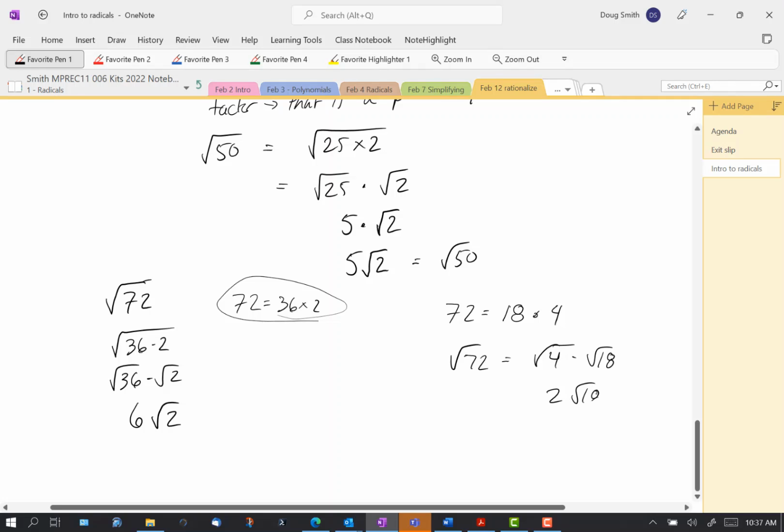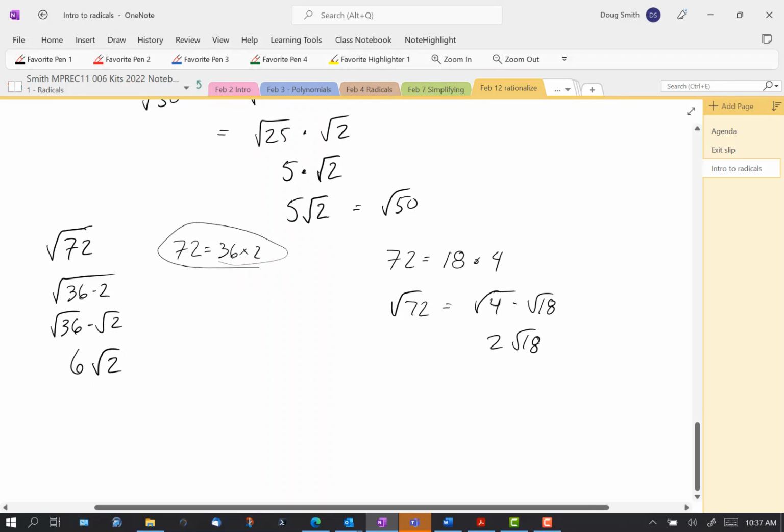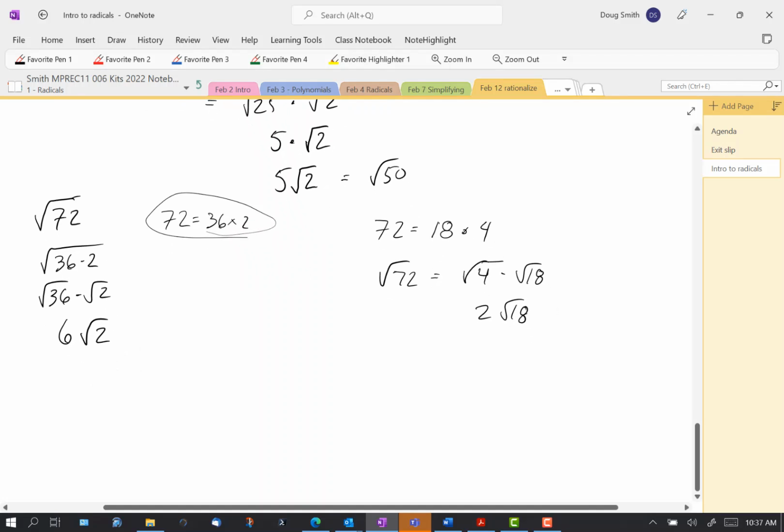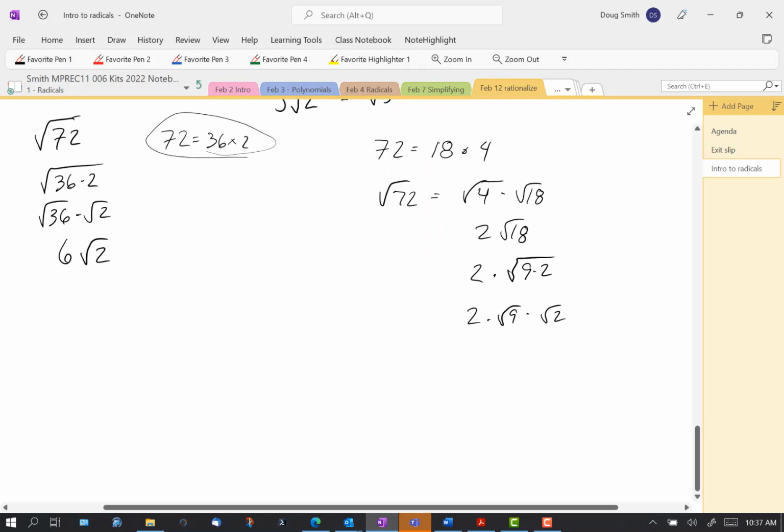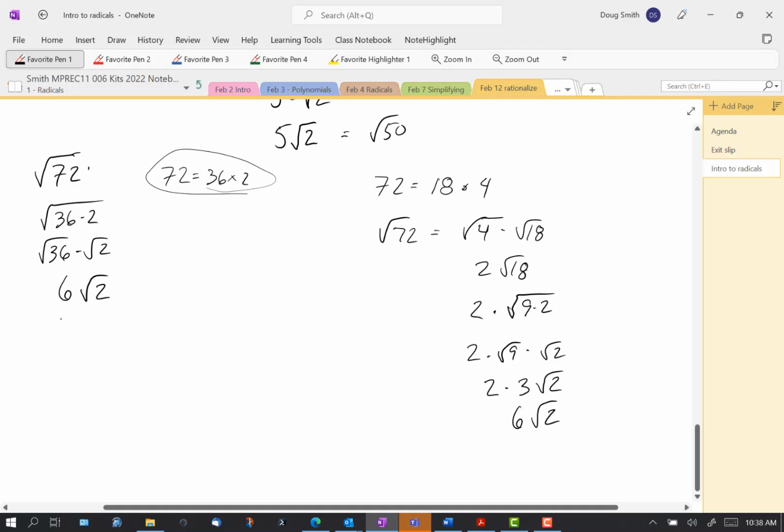So you get 2 root 18. But then square root 18 can be simplified as well. 18 is 9 times 2, so you get 2 times square root of 9 times 2. That's 2 times square root of 9 times square root of 2. And square root of 9 is 3, so we get 2 times 3 times root 2, and that's 6 root 2. So there's lots of ways to get from this to this.